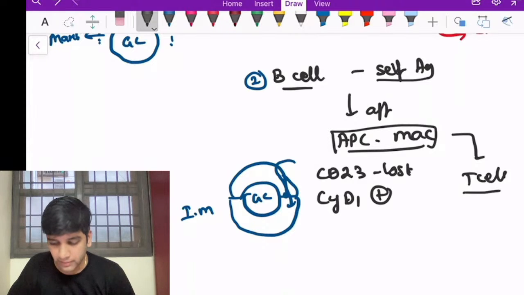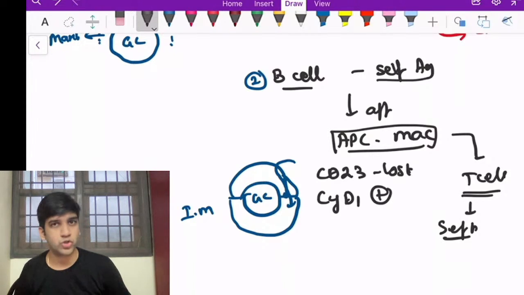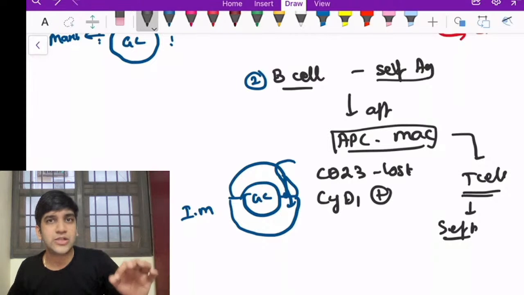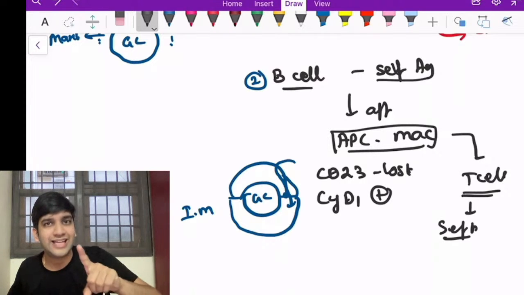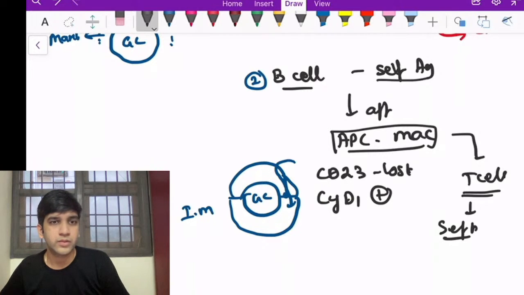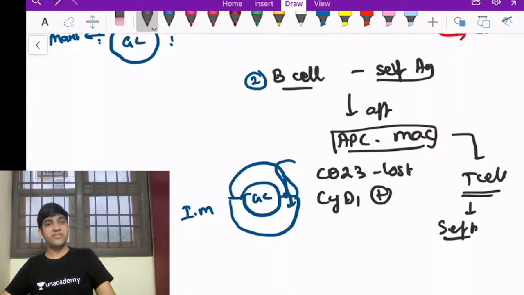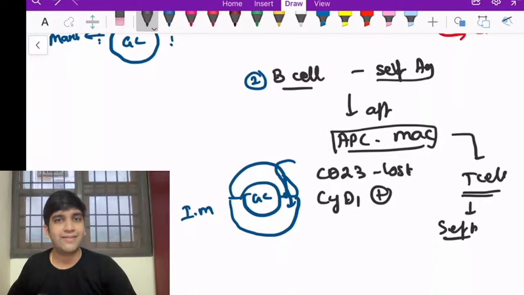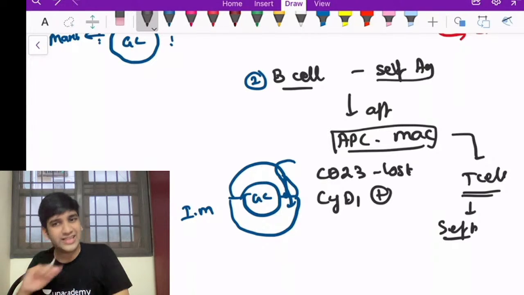But by this time, my T cells will know that this is a self antigen, because T cells know self from non-self. Once it knows it is self antigen, should I let them enter my germinal center or kick them outside? I should kick them outside. Because if I let them enter the germinal center, I'll have antibody production against a self antigen, and I should not let that happen. So I'm going to kick them outside.